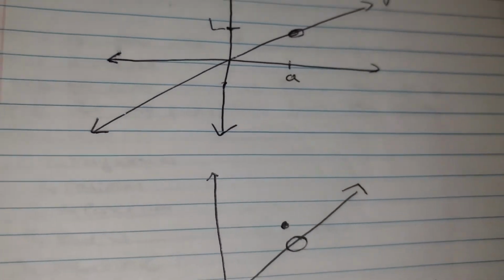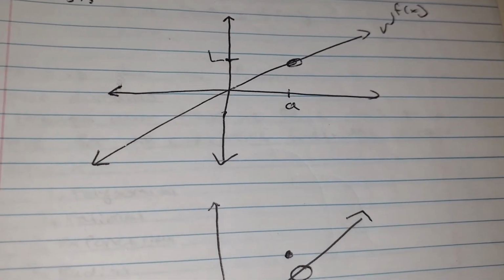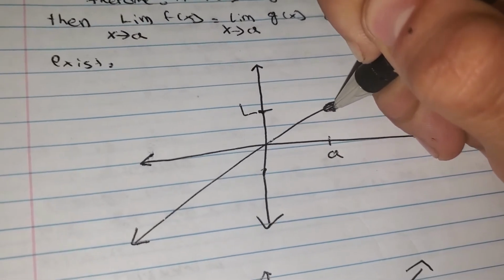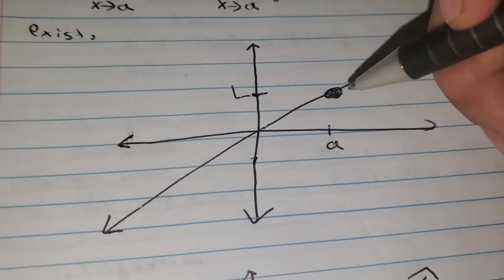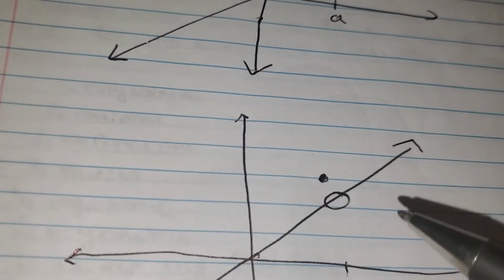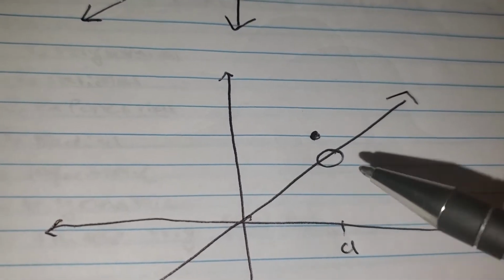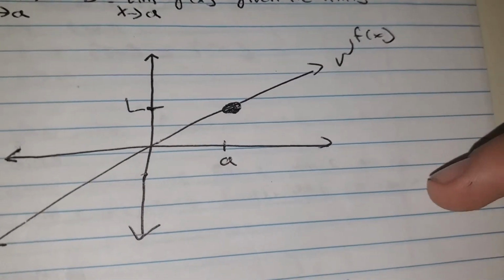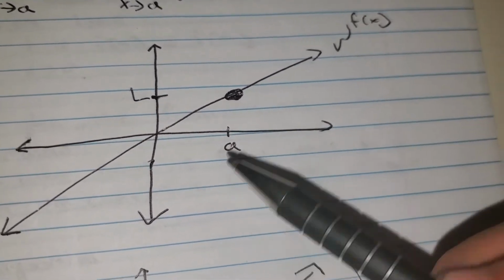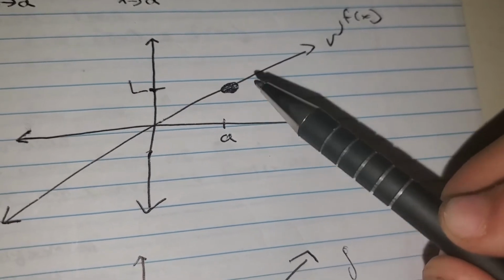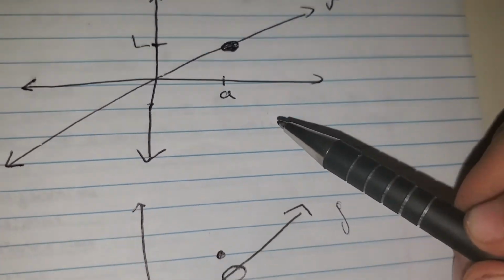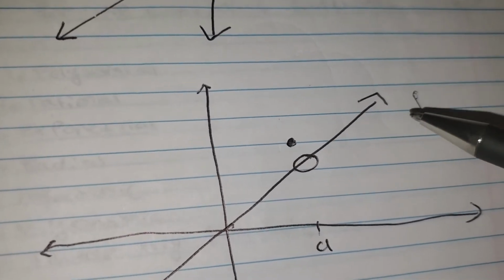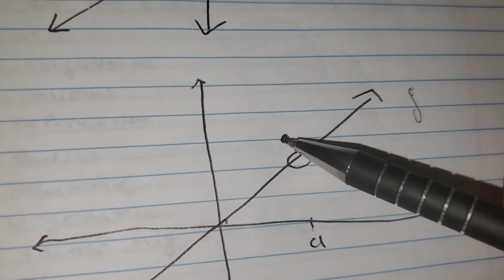So graphically showing, it'll be 2 lines. The easiest way to show this would be 2 lines. So we have a filled in hole here in this line at a. This is our f. This is our g. At a we have this point on f that's a hole, and on g there's a point with a hole in it, but there's a point above it.